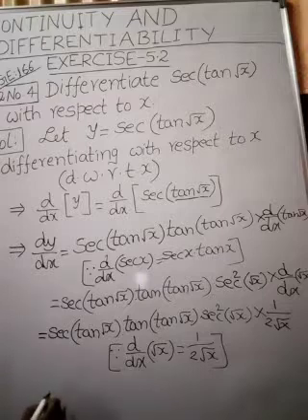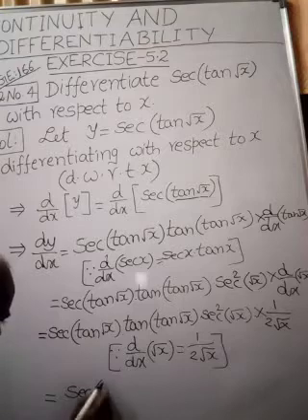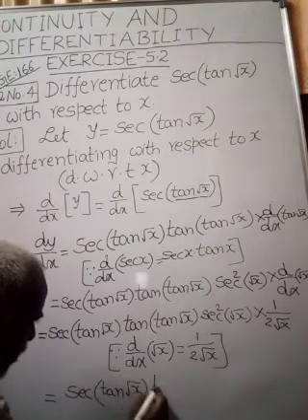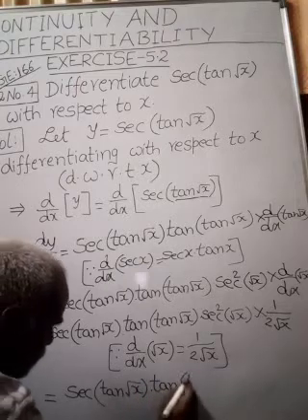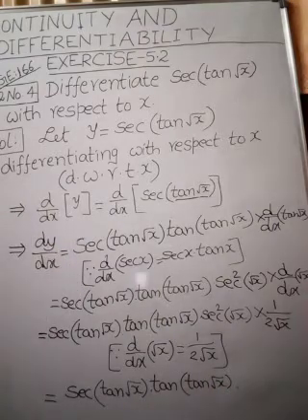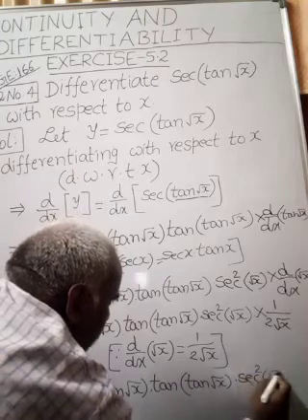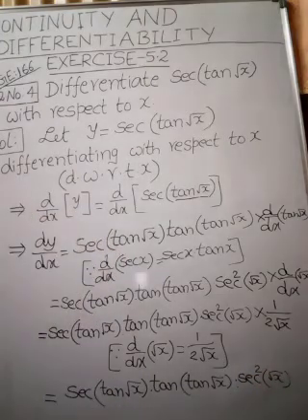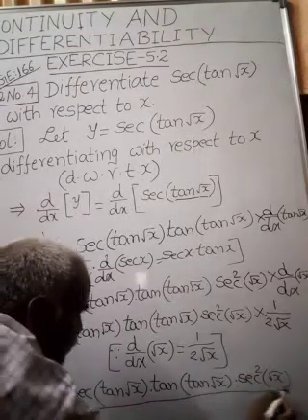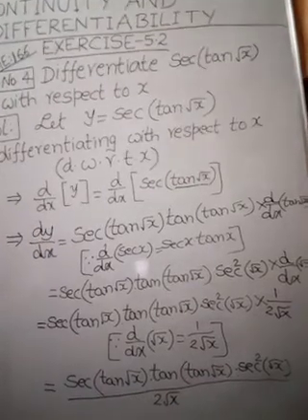This is equal to secant of tan root x into tan of tan root x into secant square of root x, whole divided by root x.